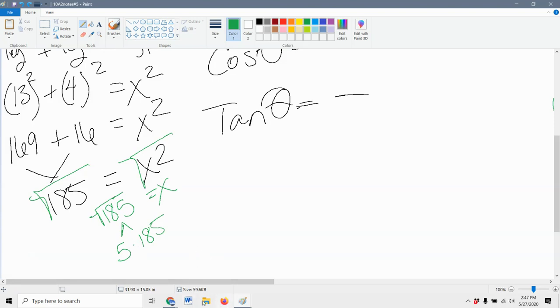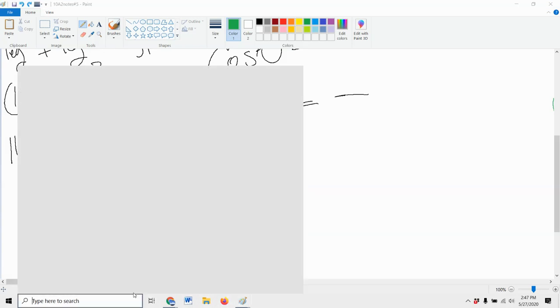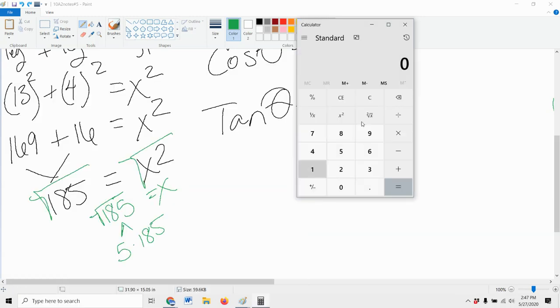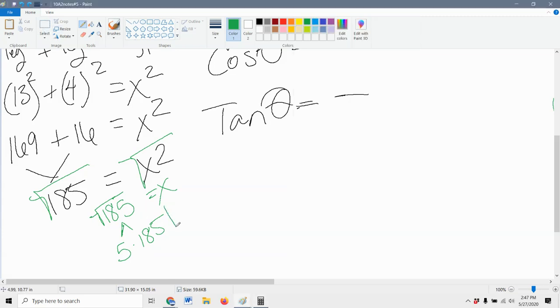So back to the calculator, 185 divided by 5 gives us 37. Sorry guys, I wrote 5 and 185, but actually what we just saw is it's 5 and 37.